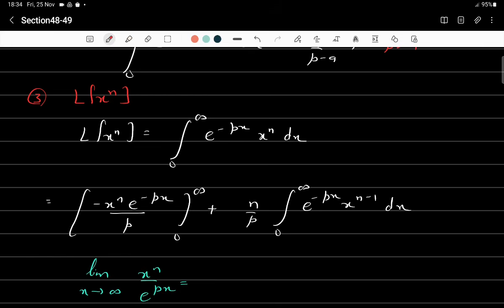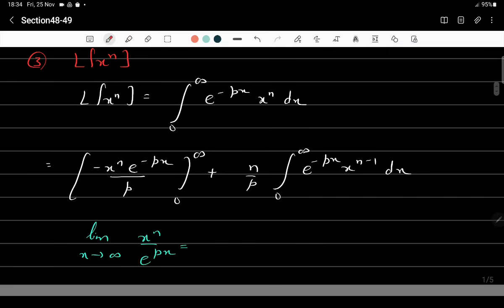So if you apply the L'Hopital rule, you differentiate it once, that becomes limit x tends to infinity n x raised to the power n minus 1 over p e raised to power px. You keep applying the L'Hopital rule, so the numerator will become n factorial and the denominator p raised to the power n and e raised to the power px, which is equal to 0.